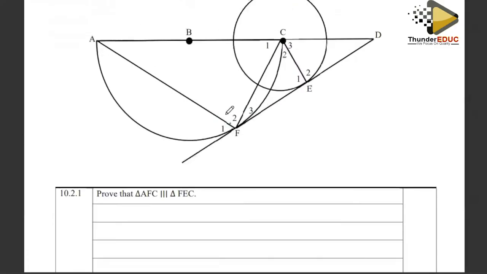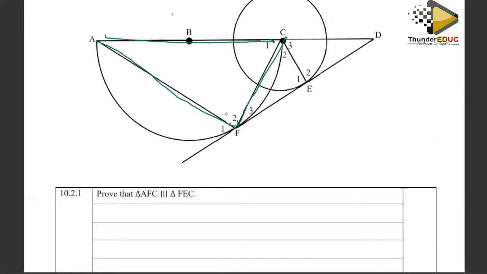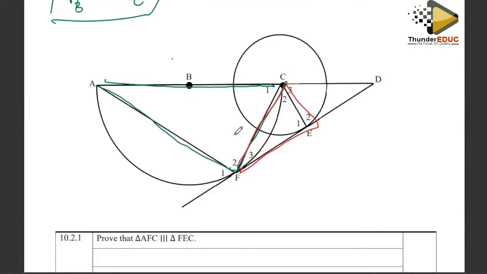Then step number 1, prove that triangle AFC is similar to triangle FEC, this triangle here. So step number 1 that I'll do, I know that F2 is a 90 angle in a semicircle.